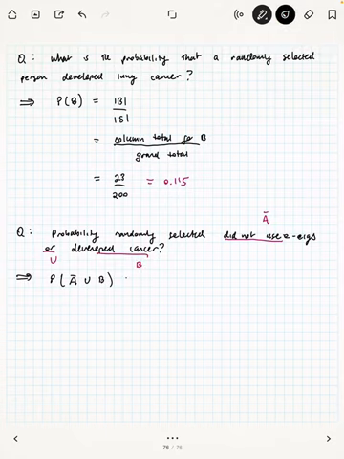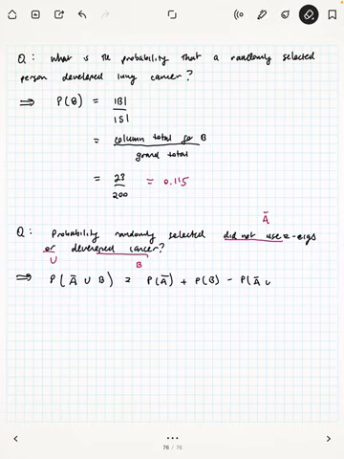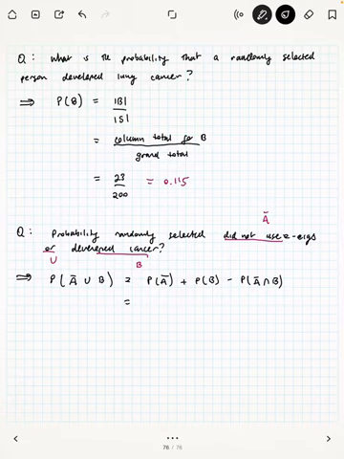So we can do this using the addition rule, right? So this is probability of A bar plus probability of B minus the probability of the intersection of these two events. So probability of A bar, which is 155 over 200, plus probability of B, which we just found, which is 23 over 200, minus the probability of the intersection of those, which is to look at the individual cell that's in common for both that row and column.